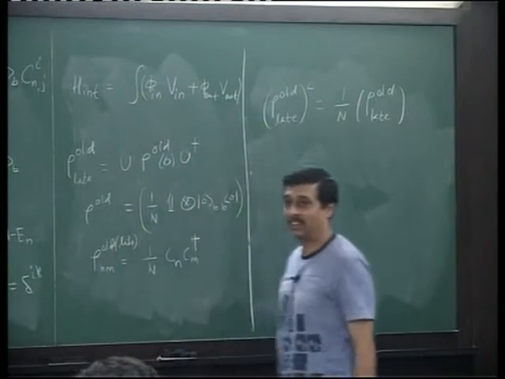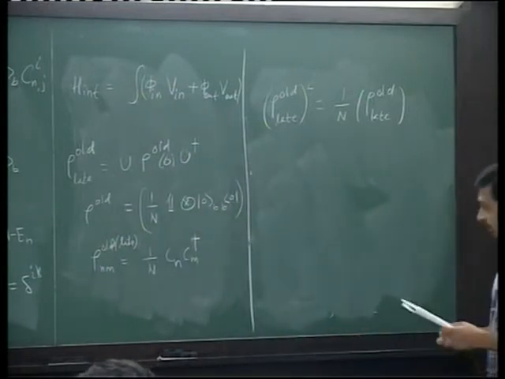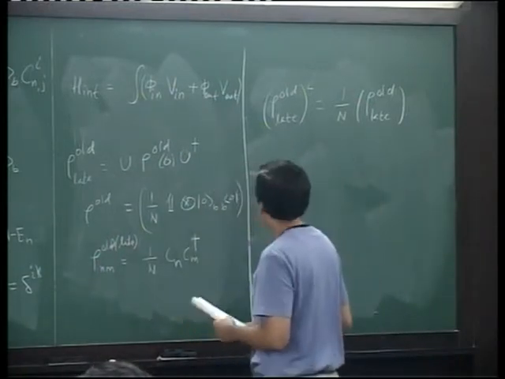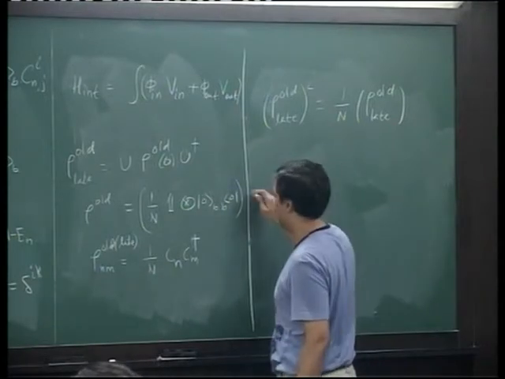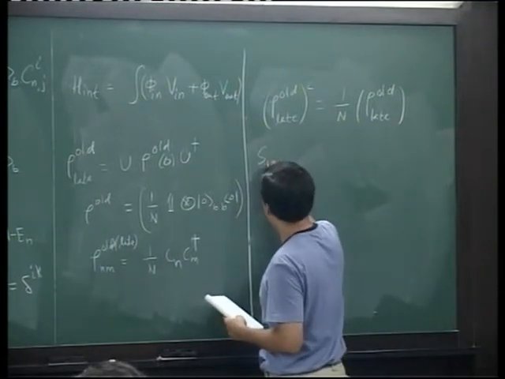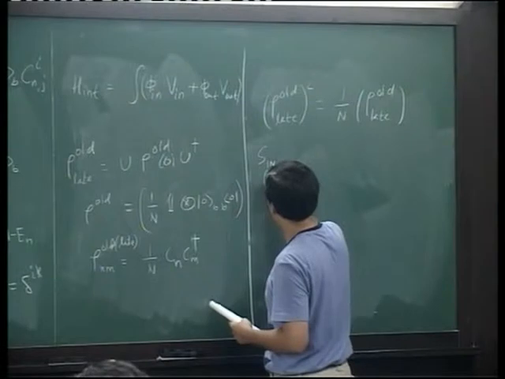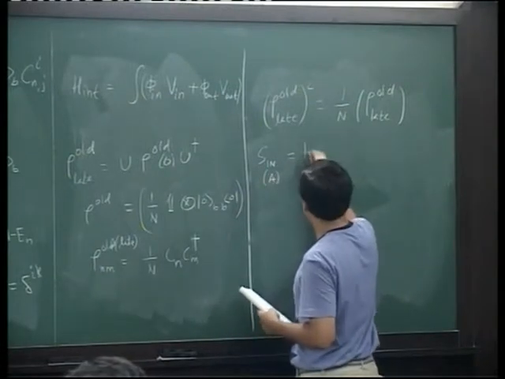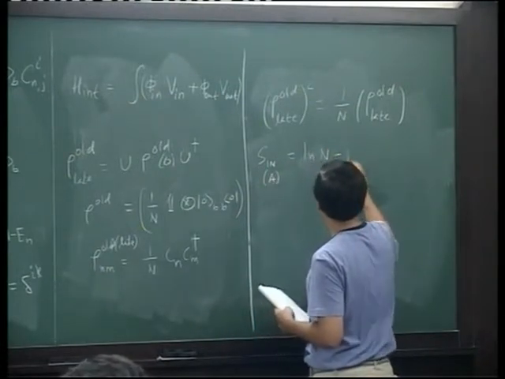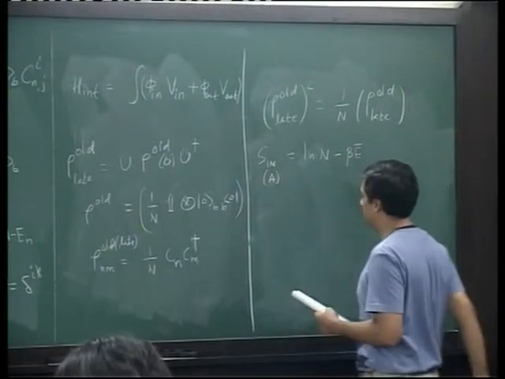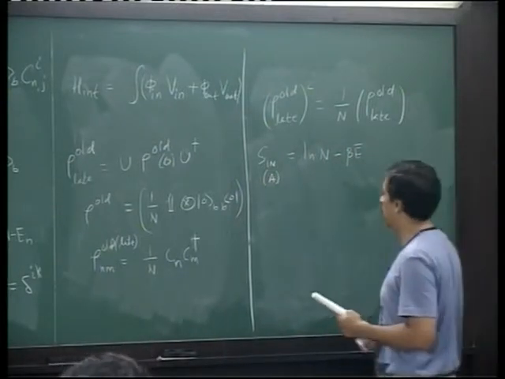Yeah. It is at time t equal to tau. Okay. So now let's try to find out the mutual information for this system. Okay. So you get S of system A is equal to log of N minus beta E bar, which is emitted one quantum. Okay.